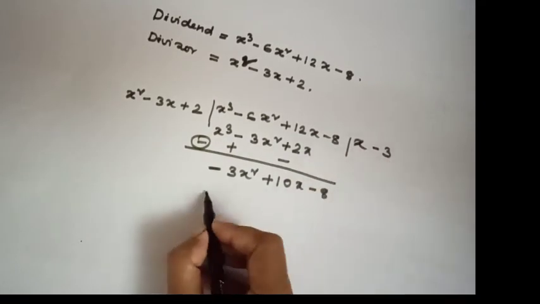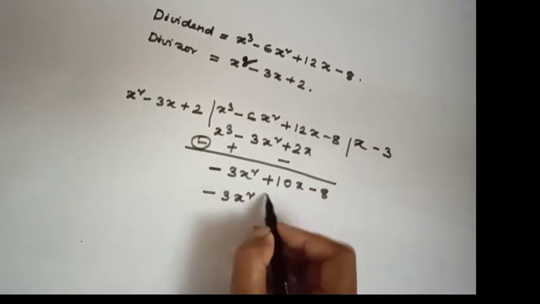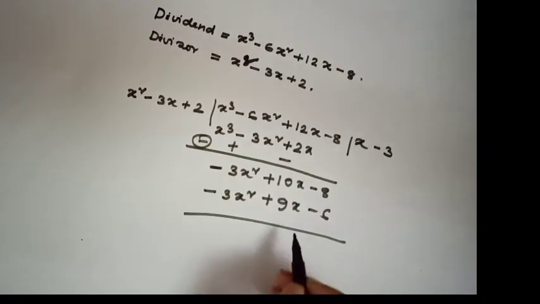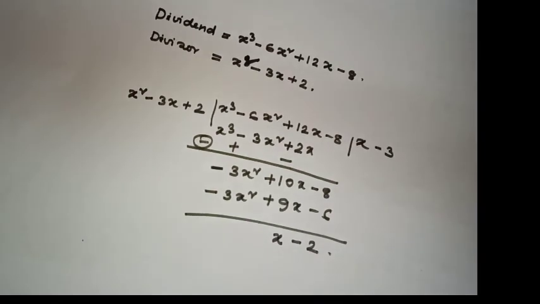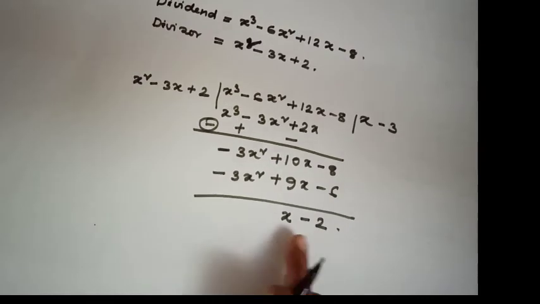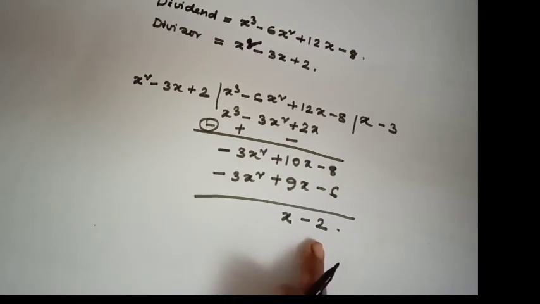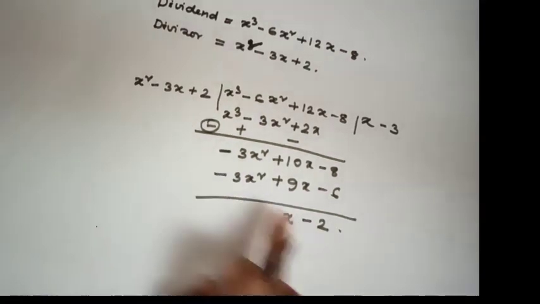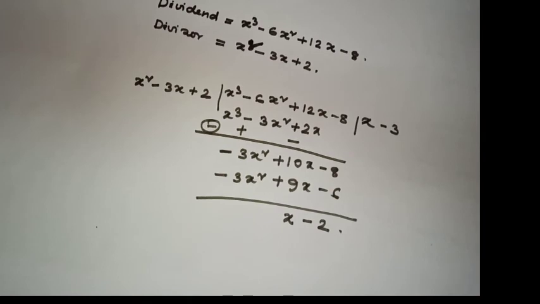Then it will be minus 3x squared plus 9x minus 6. Then the remainder will be x minus 2, okay. This is the remainder because the degree of divisor is 2 and the degree of remainder x minus 2 is 1.